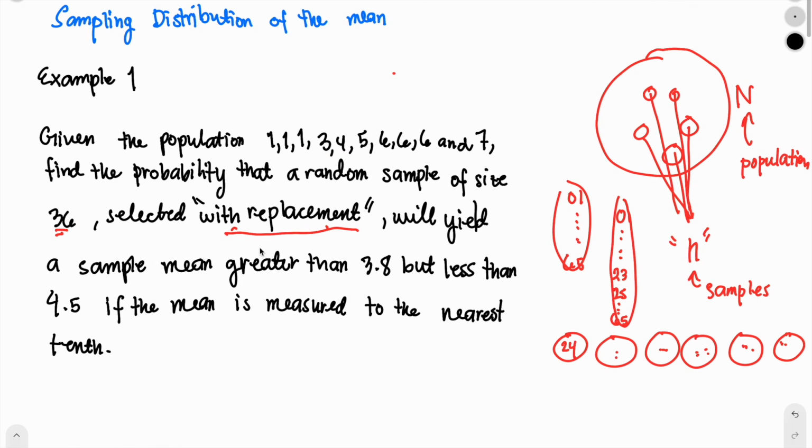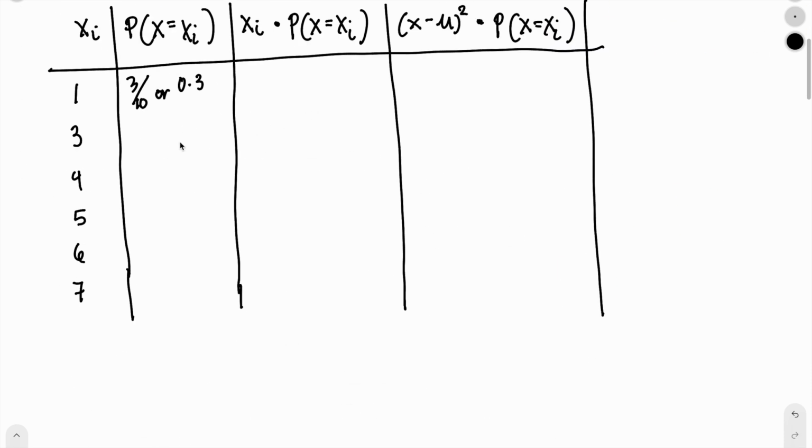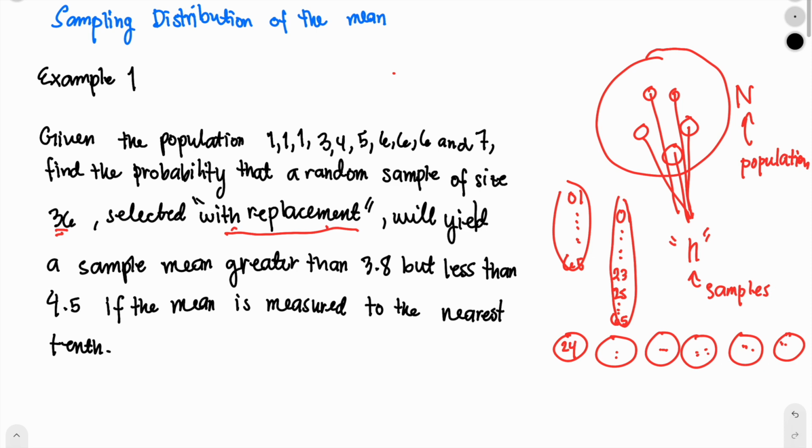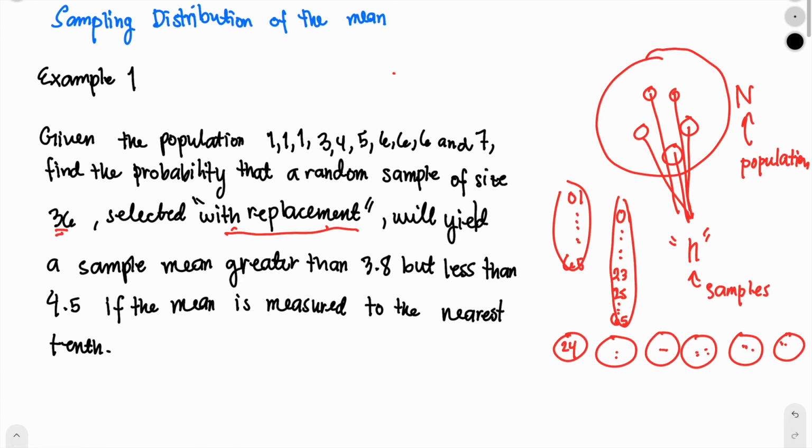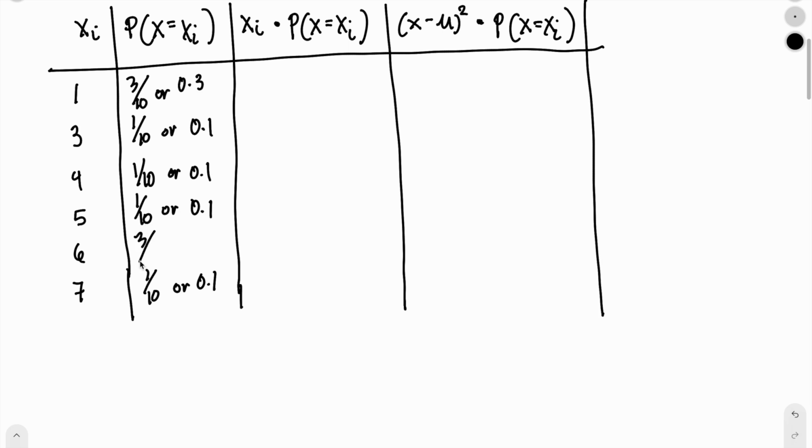And then 3 appeared only once, so 1 over 10 or 0.1. And so on. How about 4, 5, and 7? They only appear once, so 0.1 each. And 6, if you go back, appeared 3 times, so 3 over 10, or 0.3.